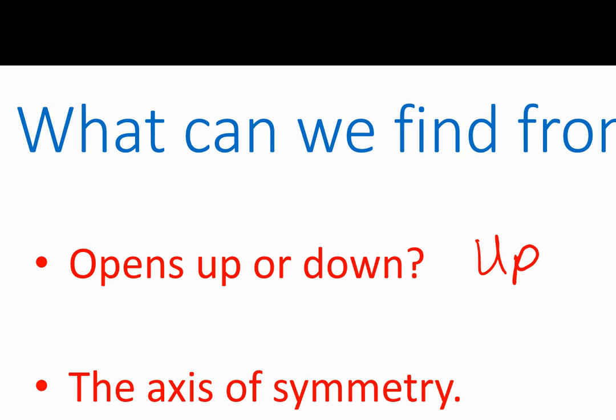What about the axis of symmetry? Okay, so here's where that equation is coming in. The axis of symmetry comes from this negative b over 2a. We have to use that. What is my b value in this one? 2. But we're going to write it as negative 2 because it's negative b, so it's negative 2 in the numerator, all divided by 2 times what? 1.